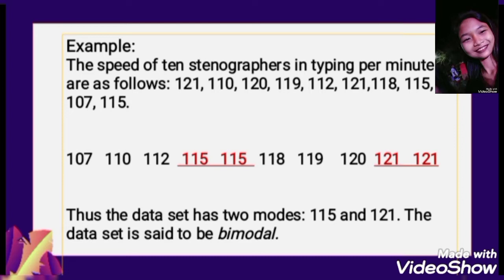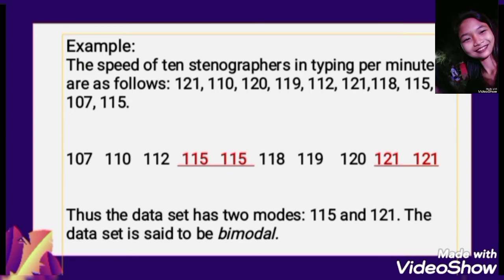To get the mode, let's arrange this in ascending or descending order. So I arrange this in ascending order: 107, 110, 112, 115, 115, 118, 119, 120, 121, 121.